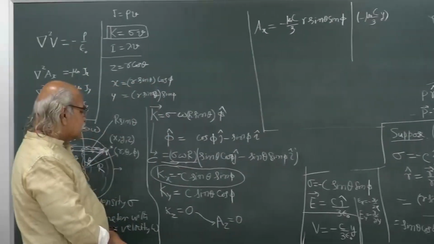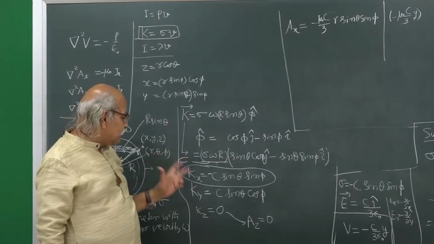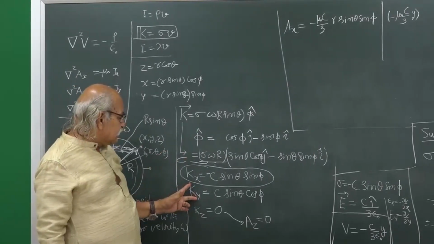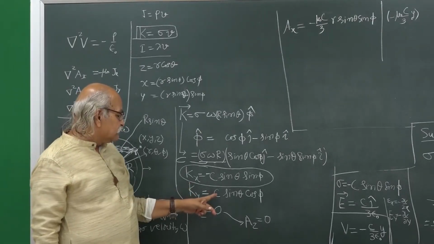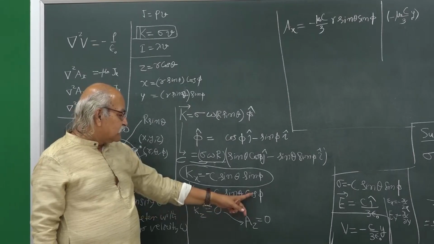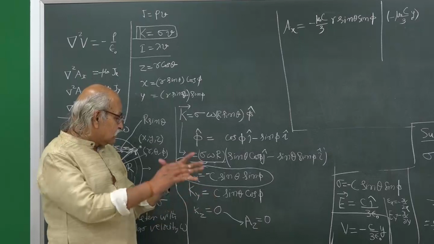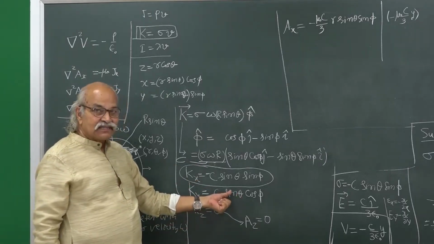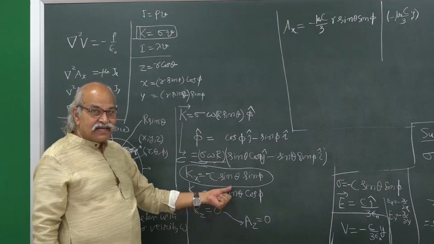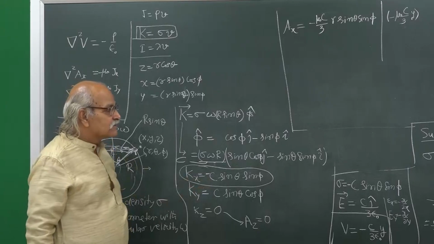So, the next task is to find this A y. How do I find A y? The surface current density in the y direction is given by c sin theta cos phi. So, if we can find a charge distribution with this kind of surface charge density, and then get the electric potential, similarly we will be writing this.